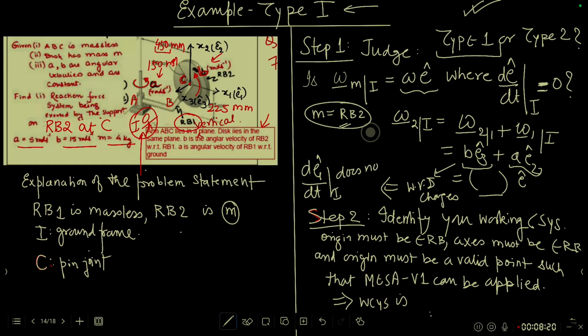I need only this much conclusion. It does not seem to be 0, and that is why I conclude it is a type 1 problem.